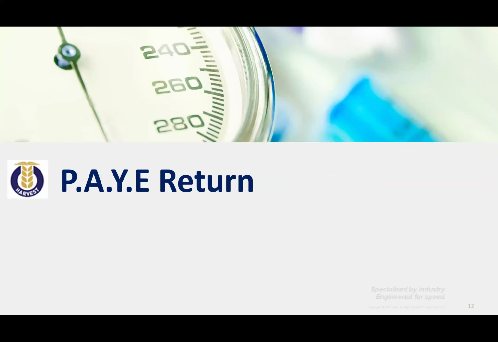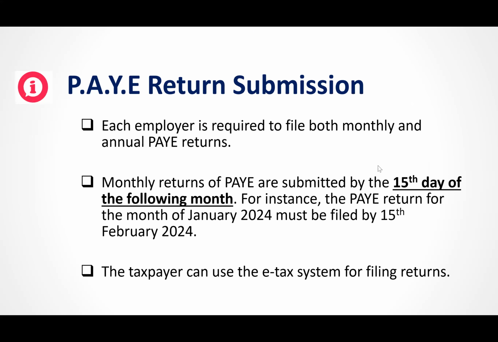The payee return. So we are going to prepare the return today. Okay? We shall prepare the return so that we are sure of the steps. So we are saying that the pay return submission, each employer is required to file both monthly and annual payee returns. You see that? Each employer is required to file both monthly and annual pay returns.